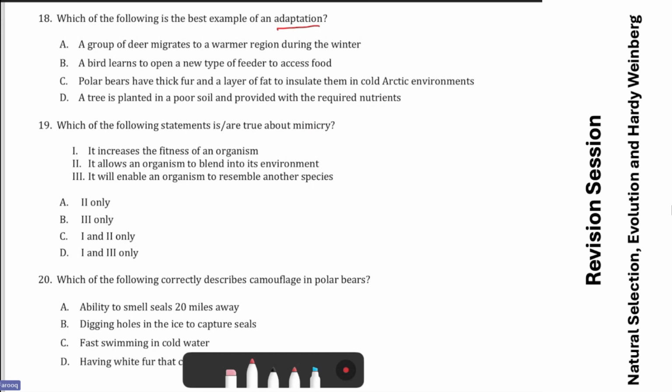A group of deer migrates to a warmer region during winter. This is migration. A bird learns. This is behavior. Then polar bears have thick fur and a layer of fat to insulate. So now they are making the benefit of a feature. They have thick fur which helps them to insulate in cold weather.